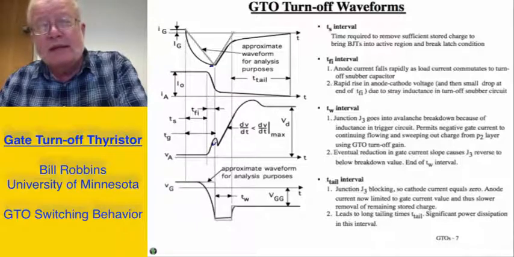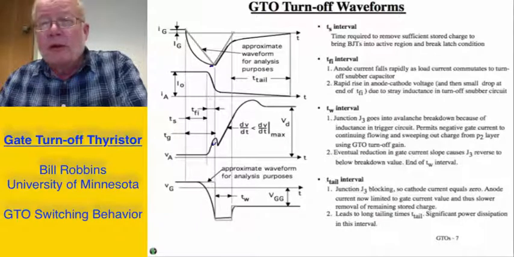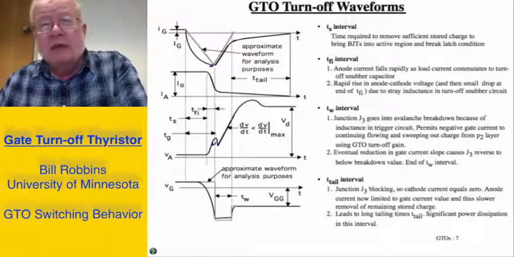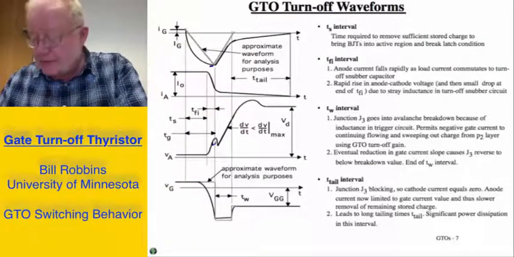It would all have to flow out the gate, and so the current that is pulling stored charge out of the thyristor would be limited by the value of the gate current, and we would normally know that gate current value would be several times smaller than the steady-state anode current, because we are trying to make use of the turnoff gain.